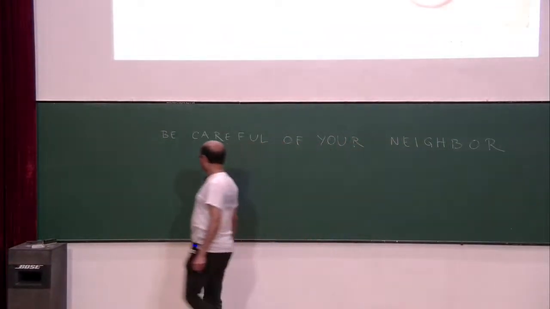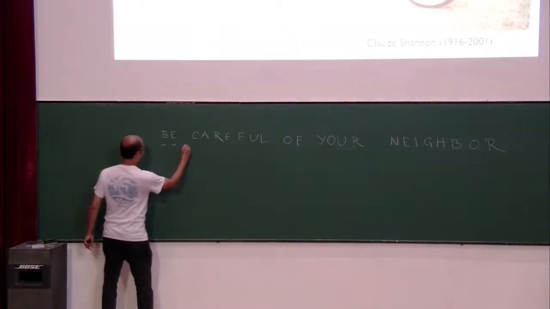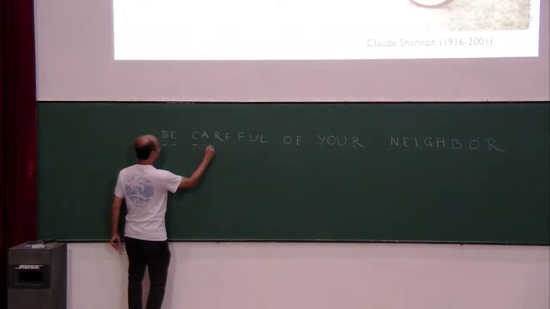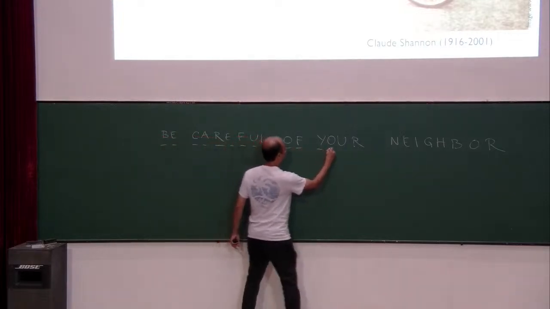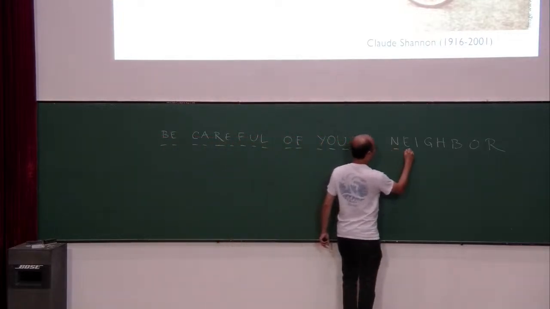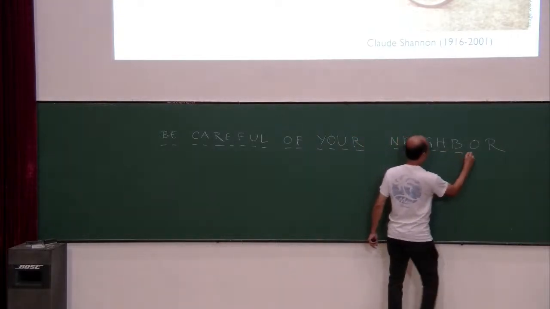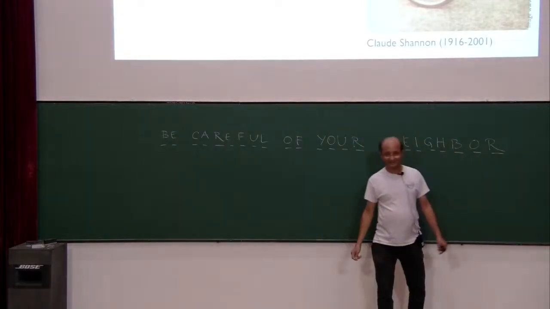Okay, so it has how many characters? 1, 2, 3, 4, 5, 6, 7, 8, 9, 10, 11, 12, 13, 14, 15, 16, 17, 18, 19, 20, 21, 22, 23. Okay.